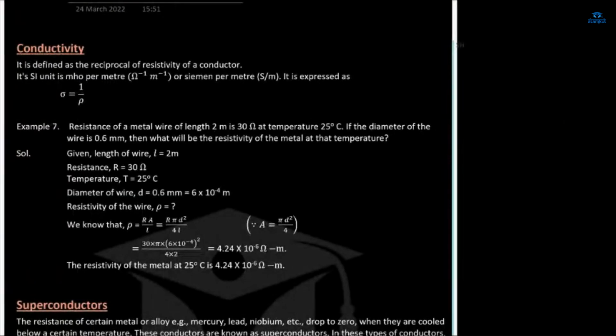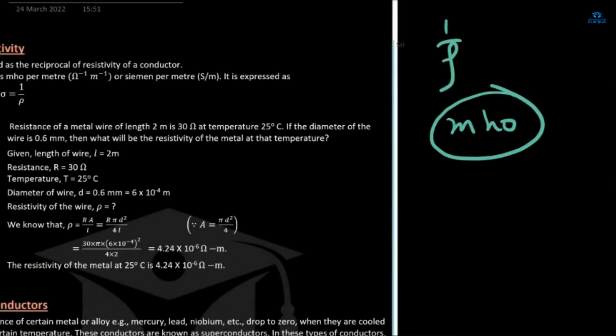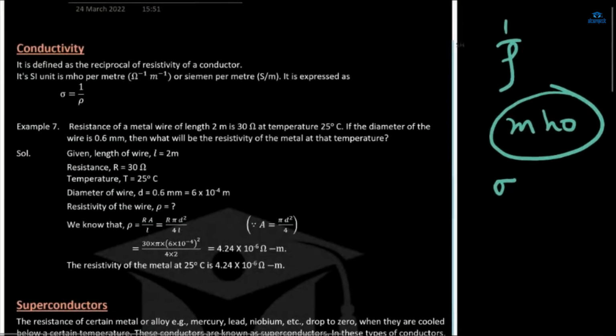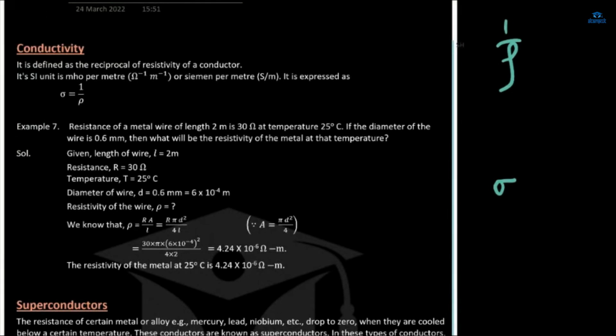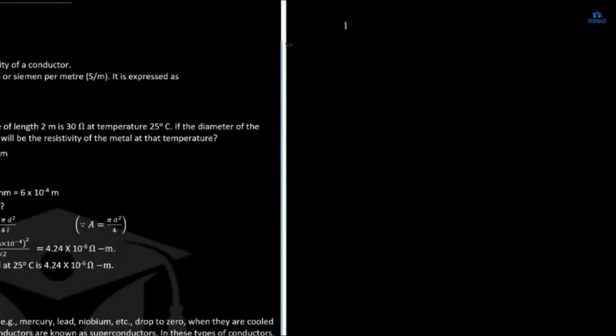What is conductivity? It is just the reciprocal of resistivity, 1 by rho, which is represented by sigma.